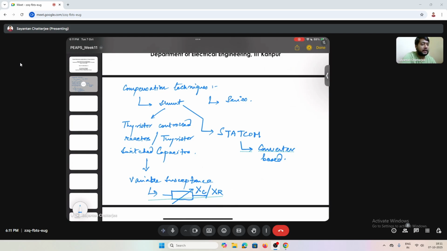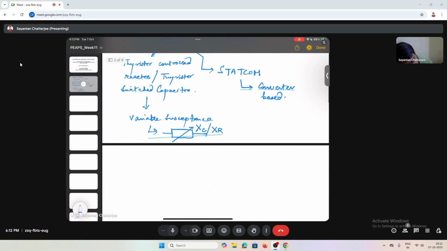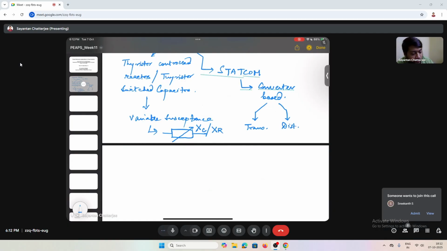Already we have seen that this STATCOM has two broad segments: application in transmission and application in distribution systems.